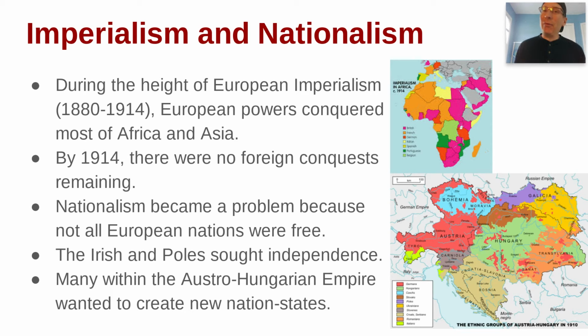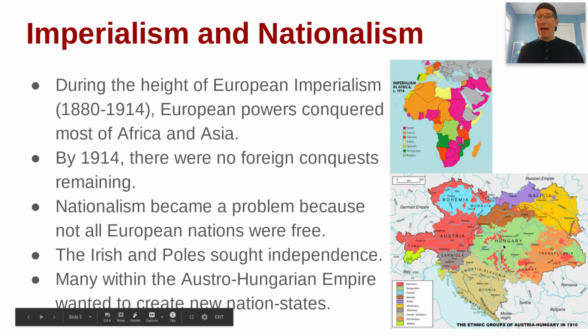And the less powerful groups were starting to really dislike that idea. They wanted to have their own free states. Ireland, which had been dominated by Great Britain, wanted to be free. Poland, which was at that time dominated by Russia, wanted to be free. And lots of groups within the Austrian-Hungarian Empire wanted to be free. They were kind of their own mess.